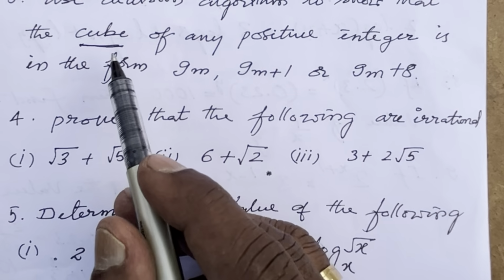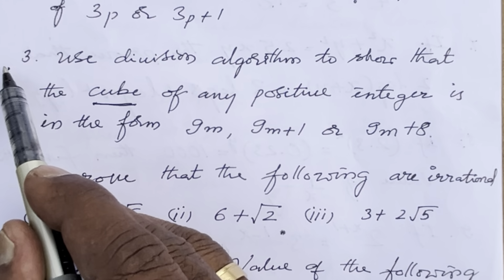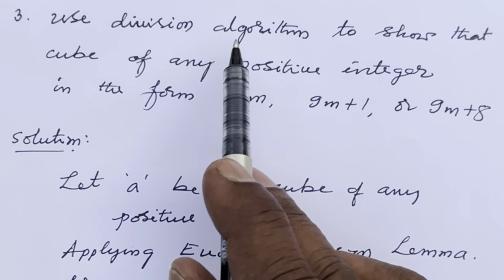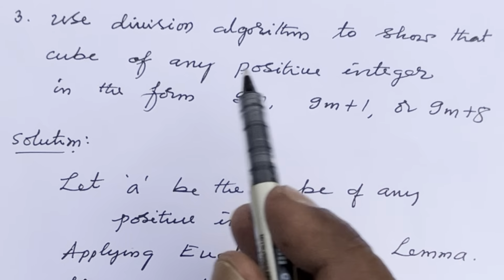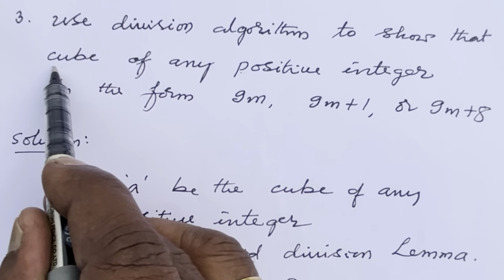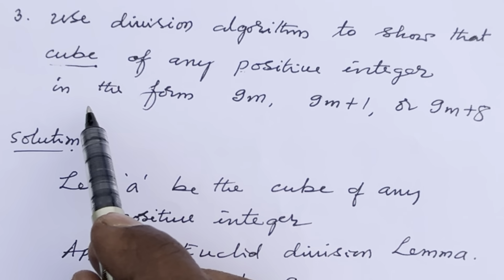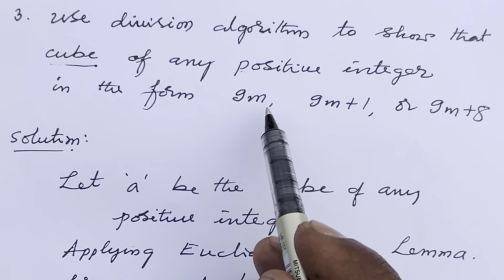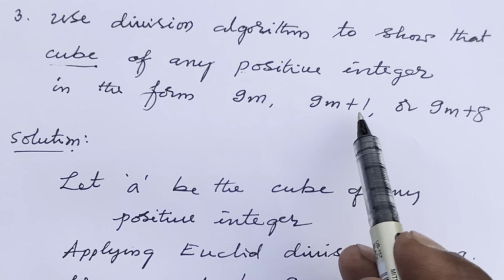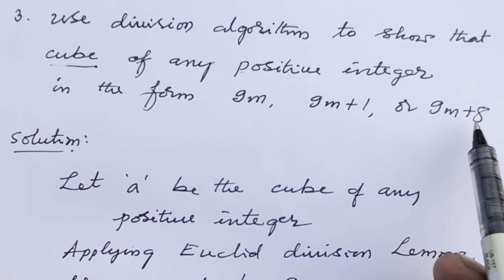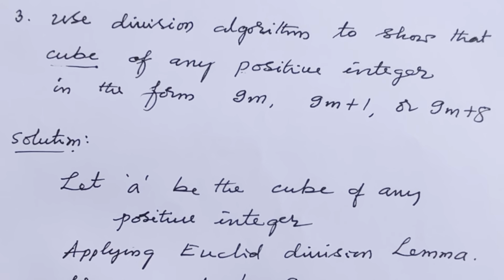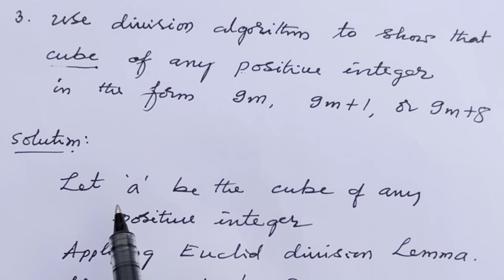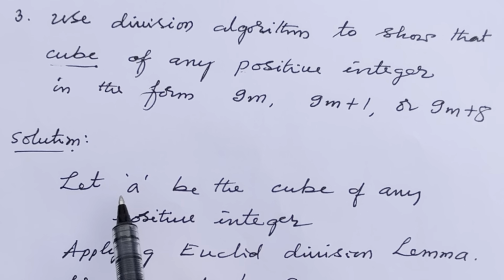Now I want to show this very interesting sum in working nature. Use division algorithm to show the cube of any positive integer is in the form of 9m plus 1 or 9m plus 8. How to do this sum is very interesting. See, the solution I am already doing here.